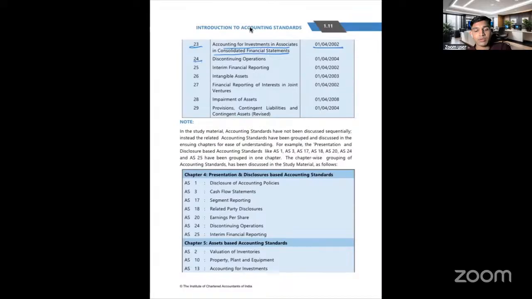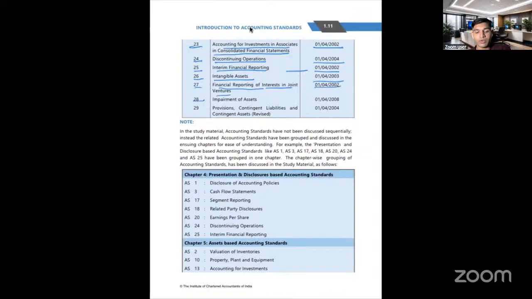AS24, discontinuing operations, comes into the picture on 1st April 2004. AS25, interim financial reporting, comes into effect on 1st April 2022. In AS26, intangible assets, comes into the picture on 1st April 2003, whereas AS27, financial reporting of interests in joint ventures, comes into the picture on 1st April 2002.